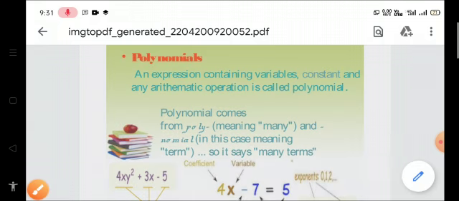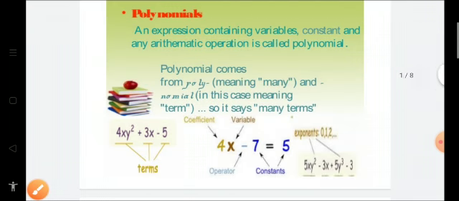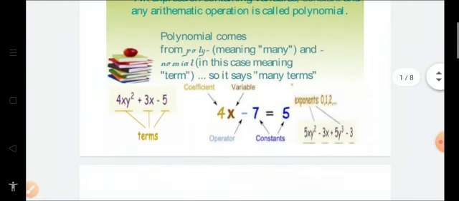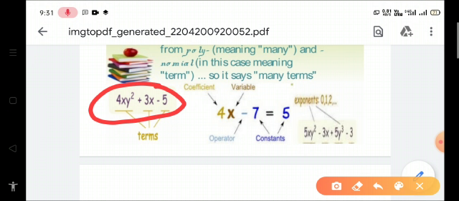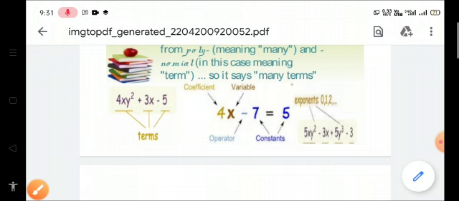So what is the meaning of terms and what is the coefficient? See that here, terms are always separated with the plus sign or minus sign. So this is the first term, this is the second term, and this is the third term.